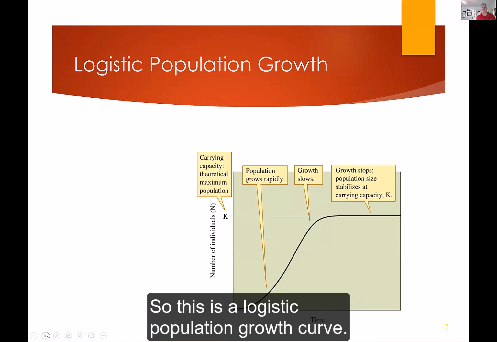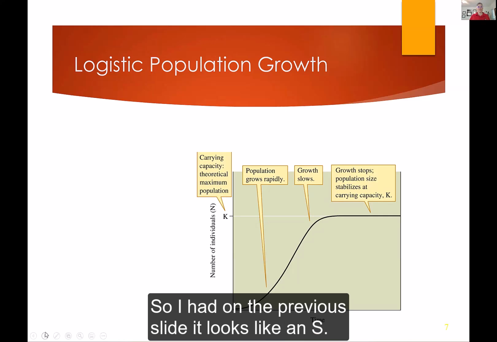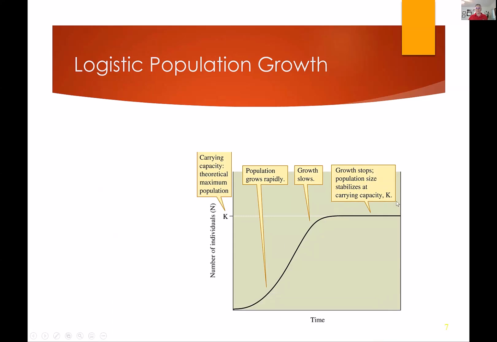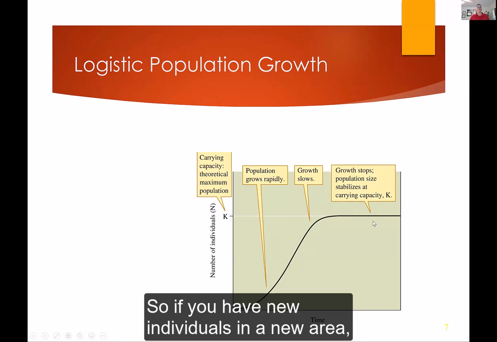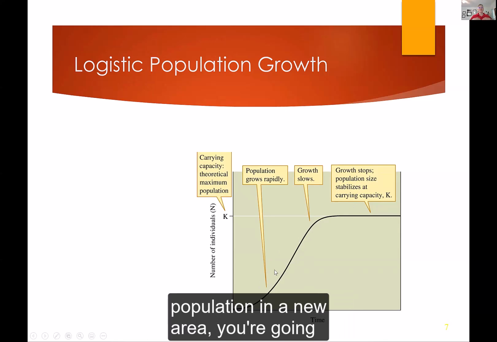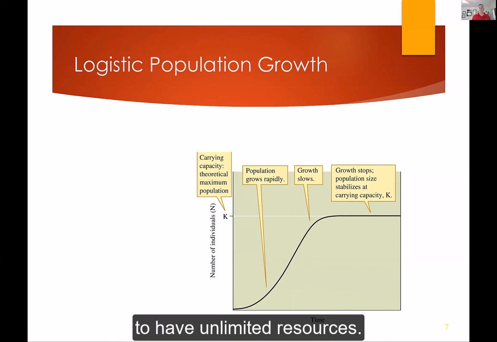Okay, so let me show you what this curve looks like. This is a logistic population growth curve. It looks like an S, right? If you look sideways, you can see it has that S type shape. If you have new individuals in a new area, a starting population in a new area, you're going to have unlimited resources.